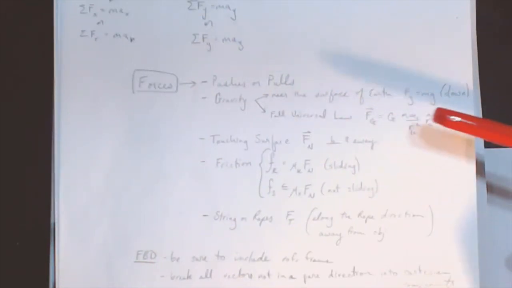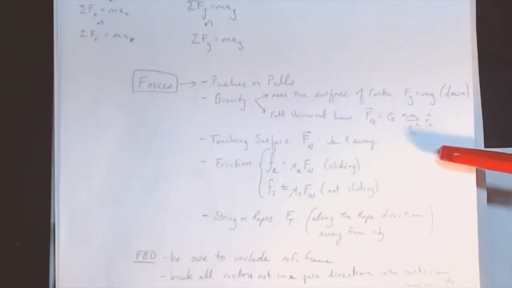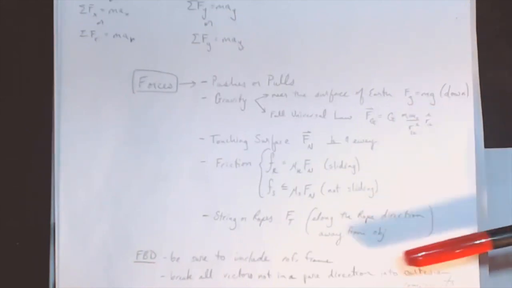So you have to decide which one's appropriate. If you're just doing a standard near the surface of the Earth problem that doesn't need extreme accuracy, you'd be using mg. If you're doing something out in space, an orbital problem, anything where you're asked about the forces between two masses, you're going to be using the universal law of gravity.